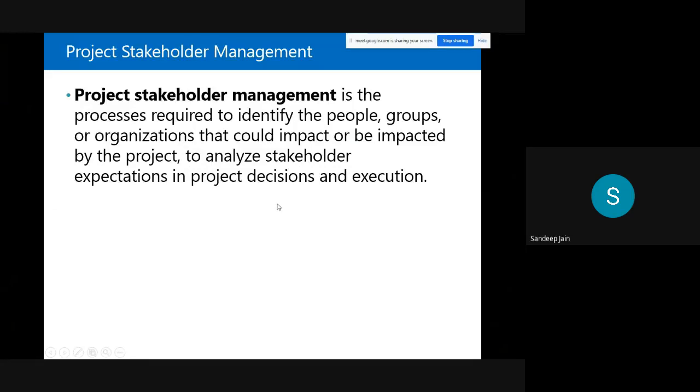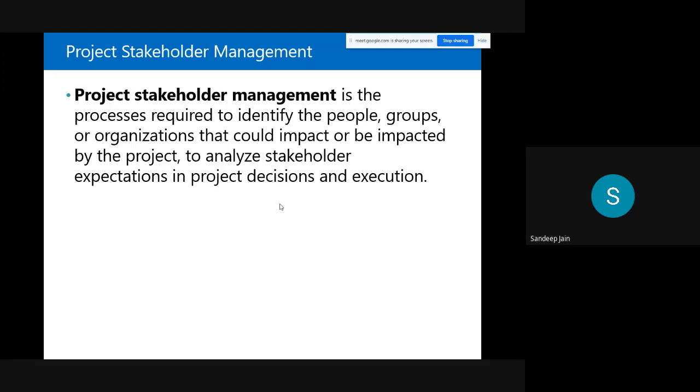Okay, we saw project stakeholder management is a process required to identify the people, groups, organizations that could impact or be impacted by the project and to analyze stakeholder expectations in project decisions and execution. So the keyword is people, groups, or organizations. So it is not just an individual.